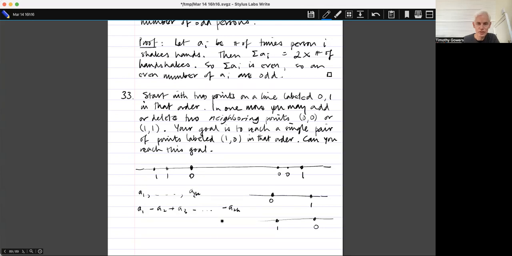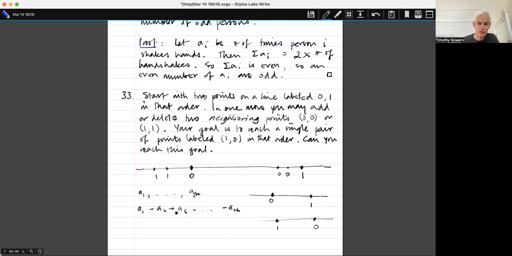So is that an invariant? Well, supposing all these are equal to 0 or 1. If I stick 0, 0 anywhere, what's it going to do? It'll leave the ones beforehand with the same sign that they had before, and it'll leave the ones afterwards with the same signs that they had before, and it will add 0 minus 0, so it won't change anything at all.